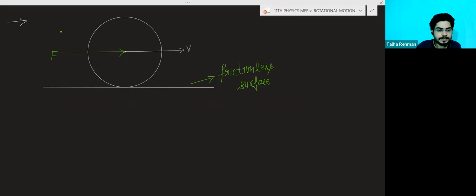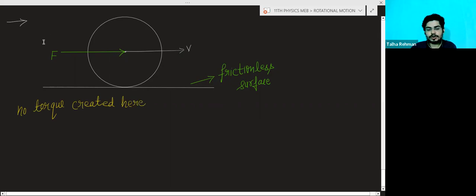So you can write here, no torque created. You can see torque is zero with respect to this force. The torque is zero, and there is no other force generating the torque, so there is no torque here.